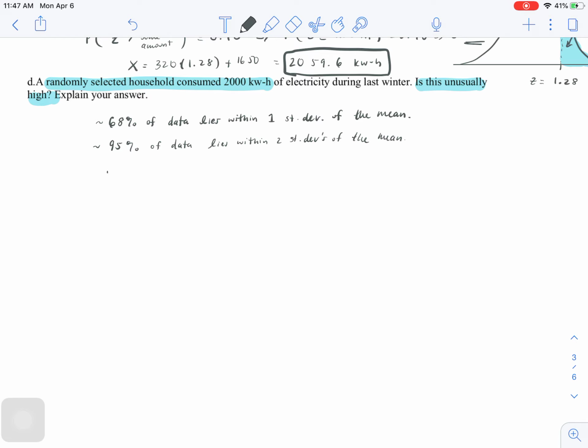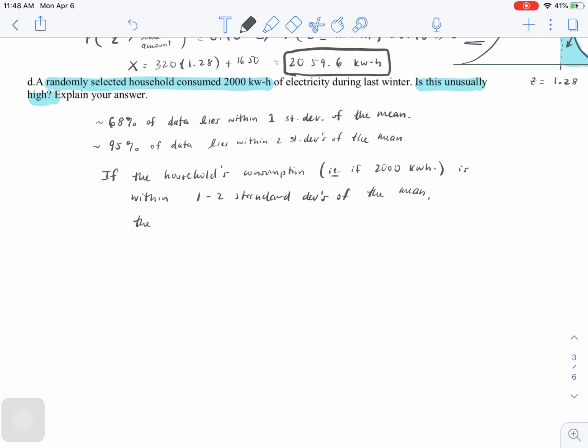So if our household consumption, in other words, if 2,000 kilowatt hours is within 1 to 2 standard deviations of the mean, then our household is not unusual.